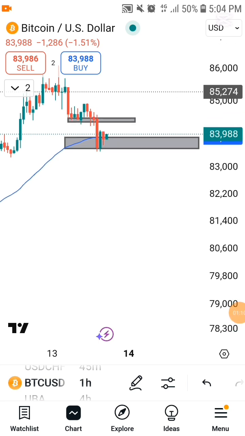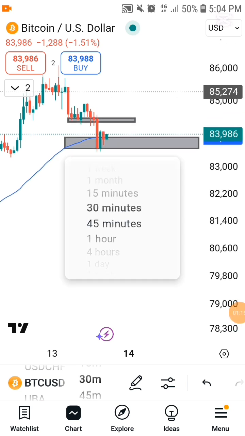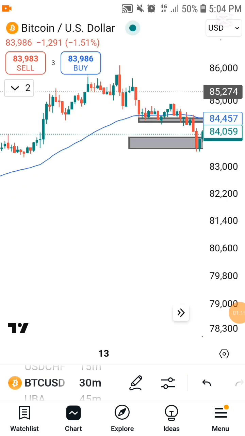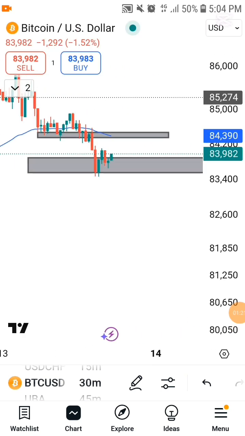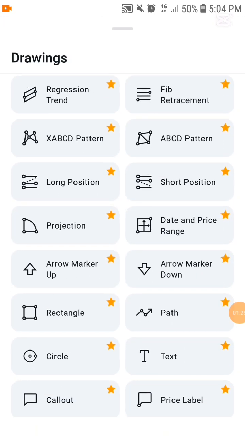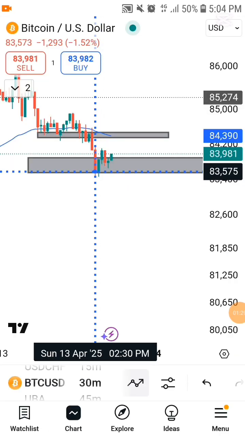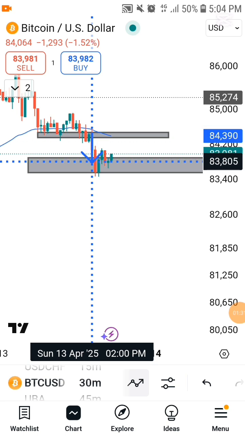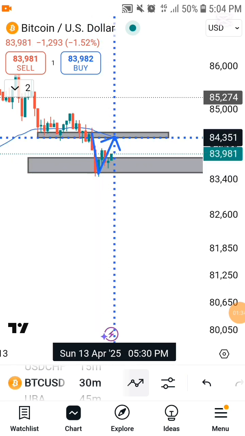Failure to do that, the market will retrace and break this 1 hour. Let's go back to 30 minutes and see what the market is doing. Immediately the market hit 1 hour, it began to retrace back to the 30-minute resistance. The market dropped from this 30 minutes, came back to 1 hour, and retraced back to this 30 minutes to give us a double top.